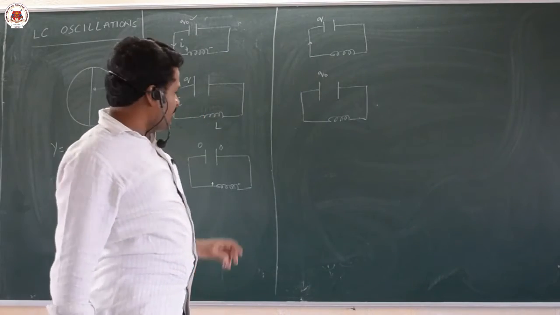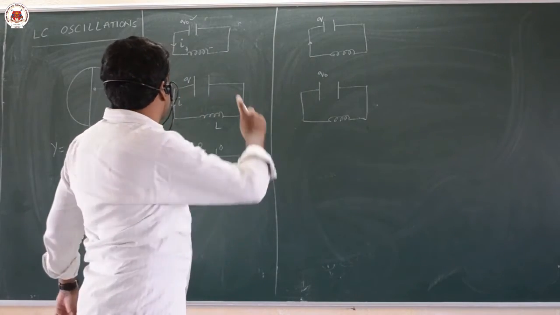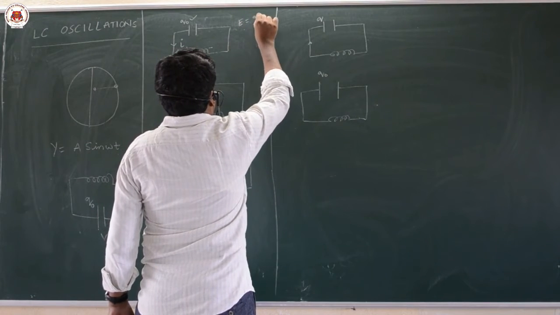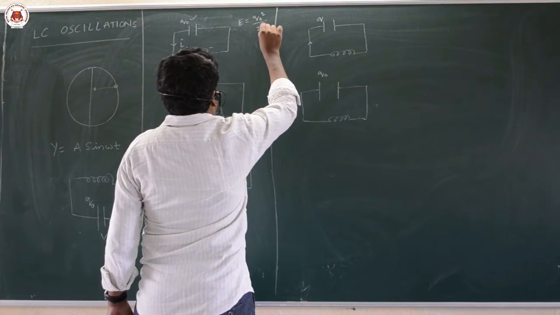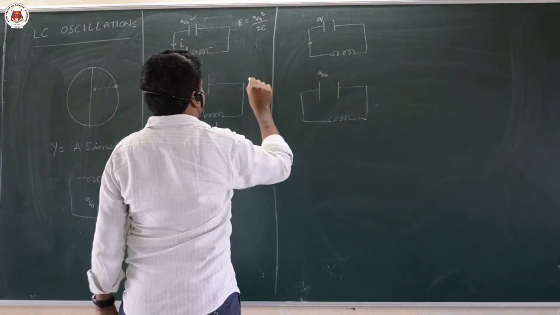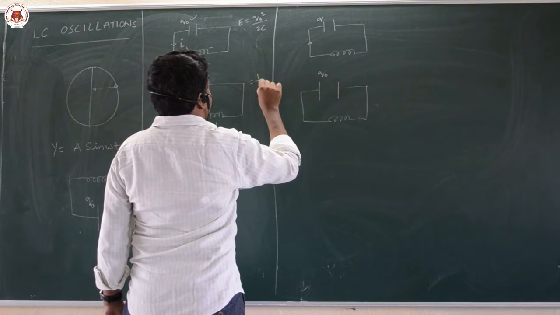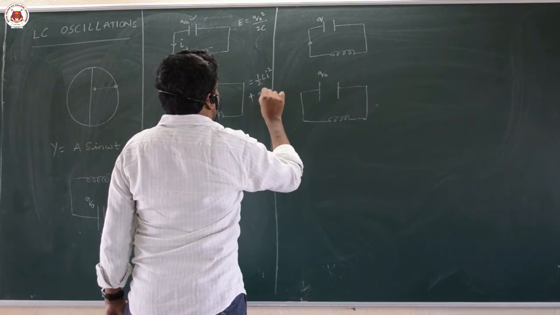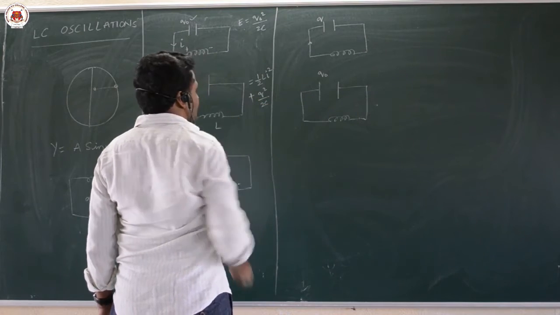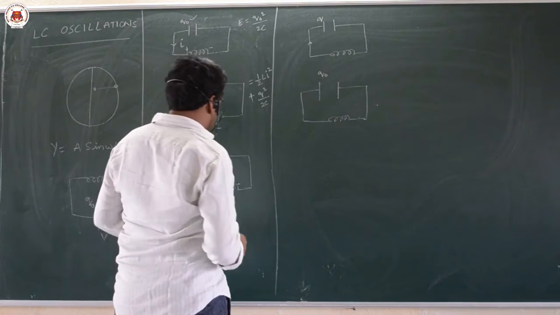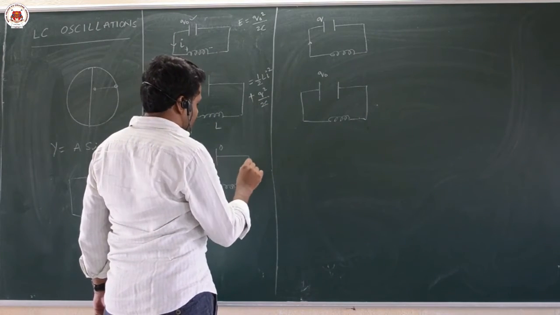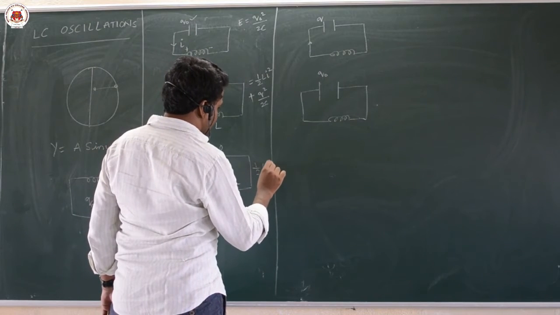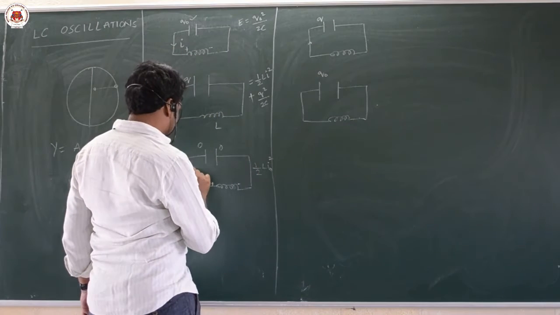That means energy: first, the energy is only with the capacitor, that is Q naught square by 2C. Afterwards the energy is associated with half L i square plus Q square by 2C. Both are having energy. After some time, the capacitor energy is 0 and only the inductor energy is left, half L i naught square, once it reaches maximum current.